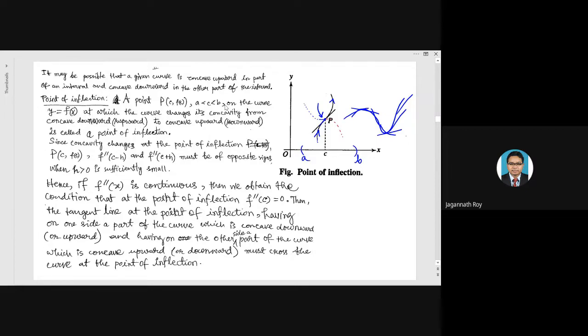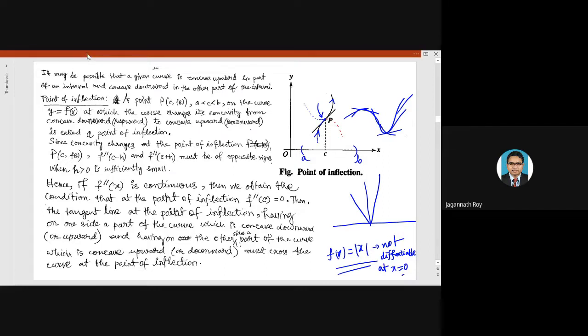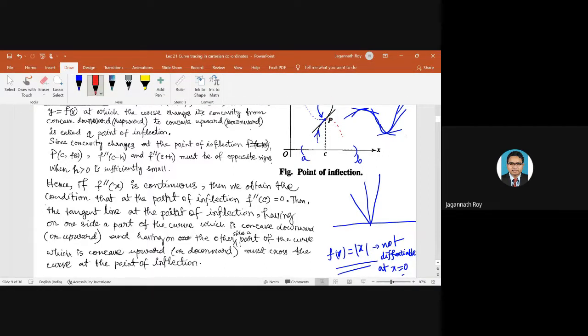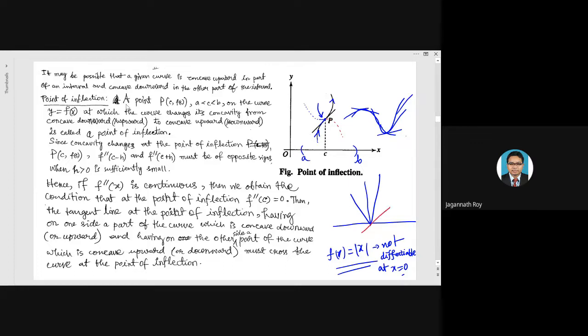When we have two tangents at some point, for example, if you remember the function mod x, we say that f(x) equals mod x is not differentiable at x equals 0, because if you try to plot the tangent at this curve, you can have many.